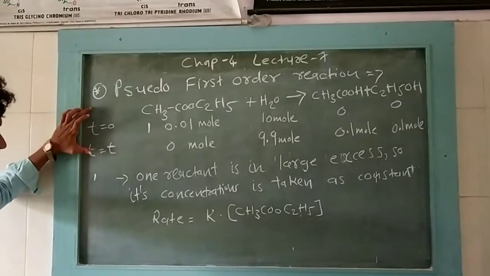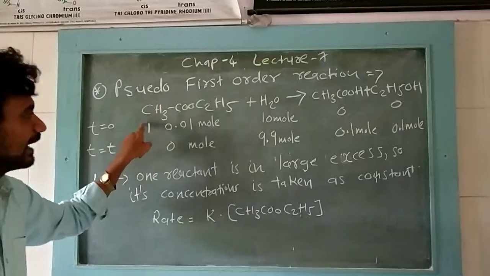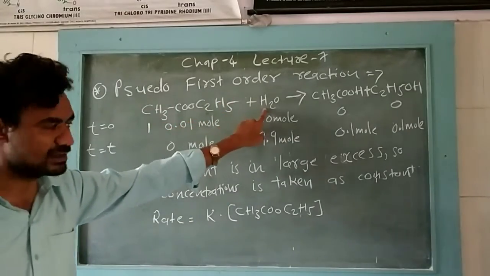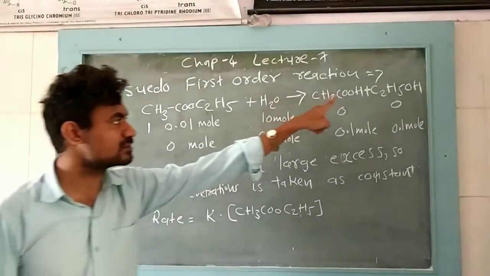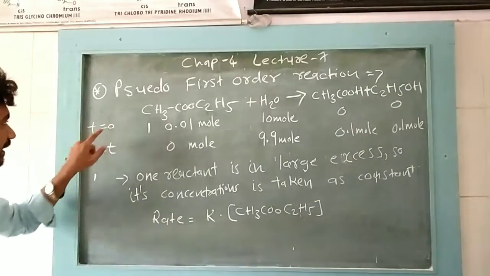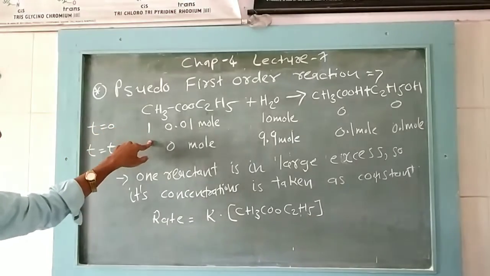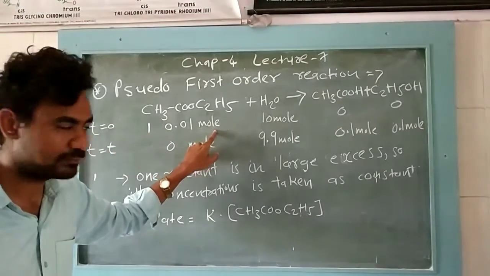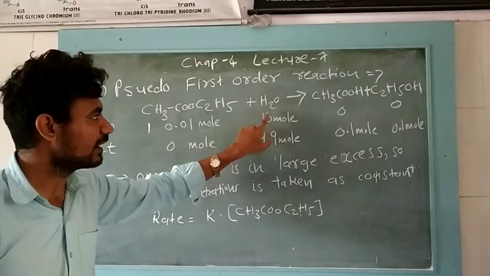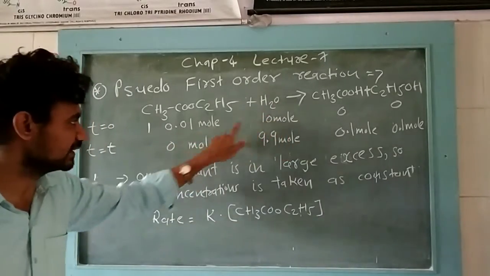Take an example here. Suppose I have an ester. The ester compound reacts with H2O and forms acid plus alcohol. Now here you can see at time t equal to 0, the concentration of ester is 0.01 mole, and the concentration of water is 10 mole. You can see the difference here.